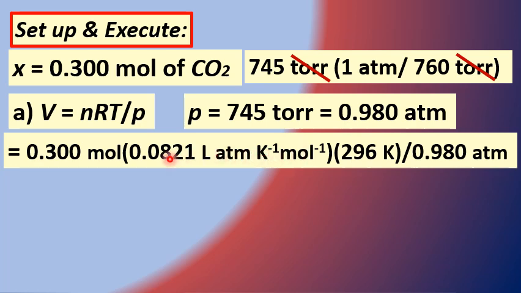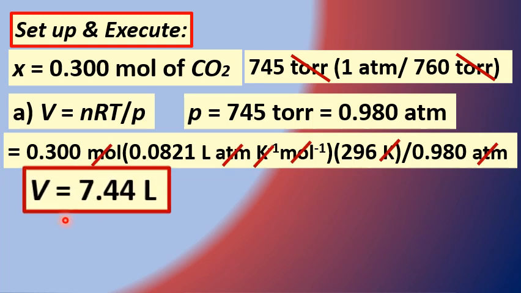We are using 3 significant digits for this value of capital R. And then multiply also by the Kelvin temperature of 296 Kelvin, after which we will divide the whole thing by the pressure already expressed in atmospheres, 0.980 atmospheres. So again, doing our math, we will arrive at the value of the volume, capital V, equal to 7.44 liters in 3 significant figures.